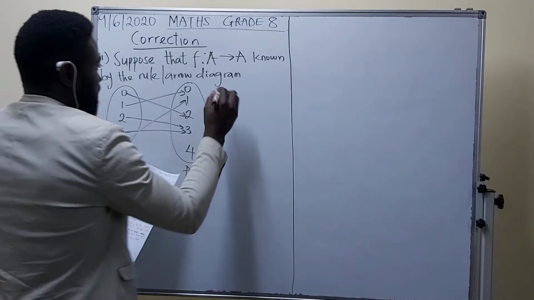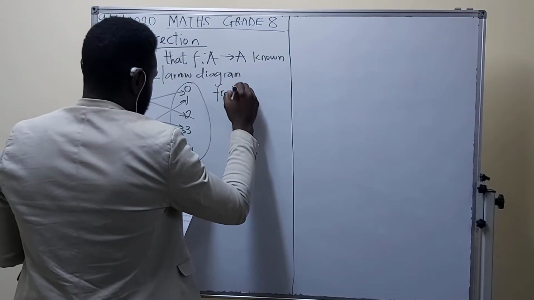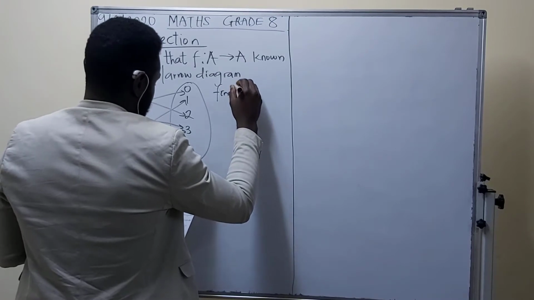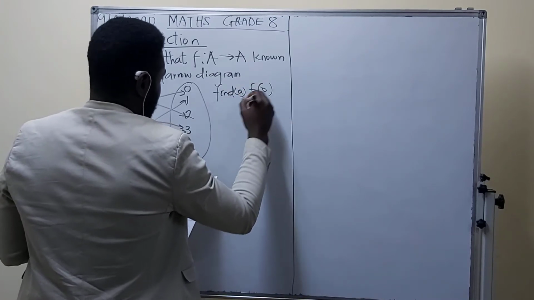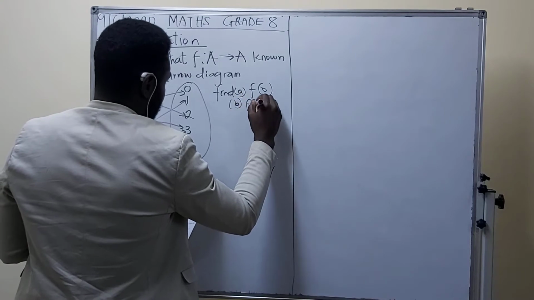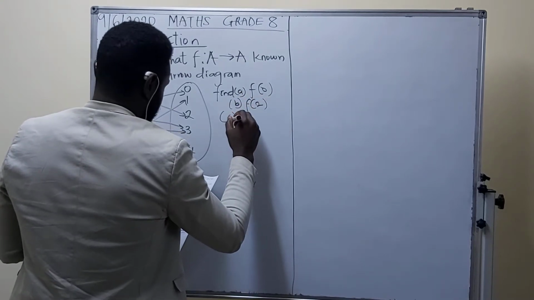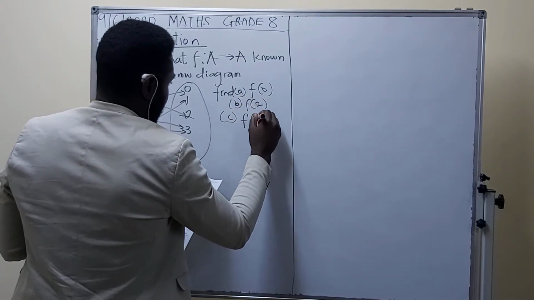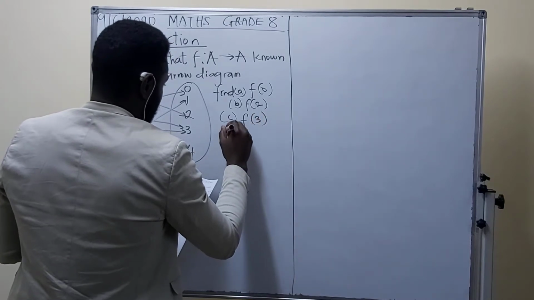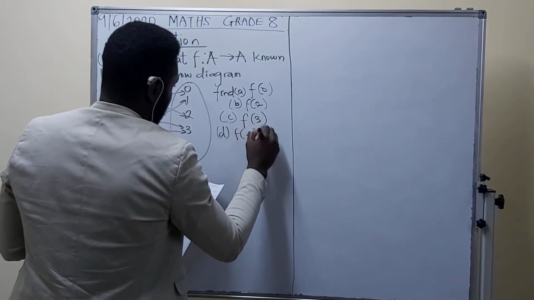So the first question says, find A, f of 0, B, f of 2, C, f of 3, and D, f of 4.